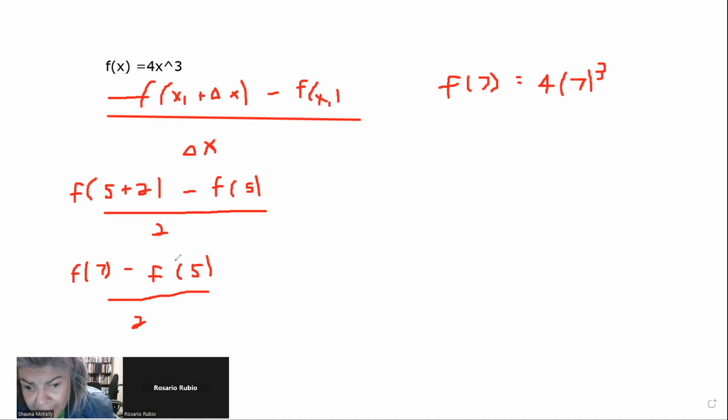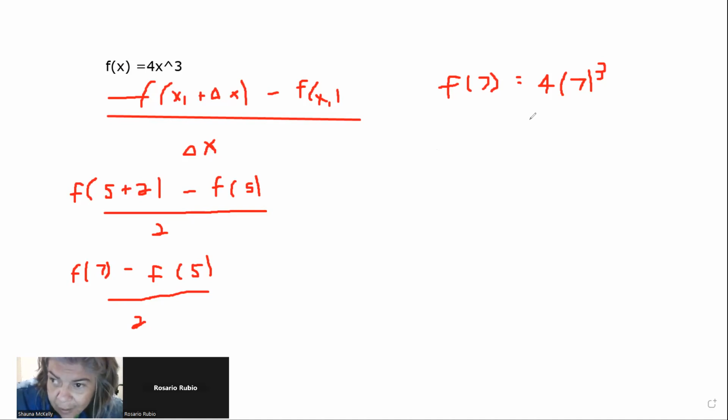This isn't 7 minus 5. This is f of 7. This is the function evaluated at 7. Okay. Minus the function evaluated at 5. Oh, got it. Makes sense. Yes. Yeah, you can keep going.